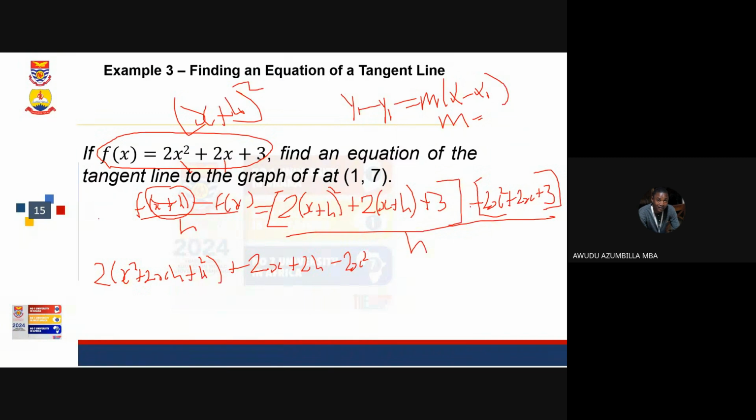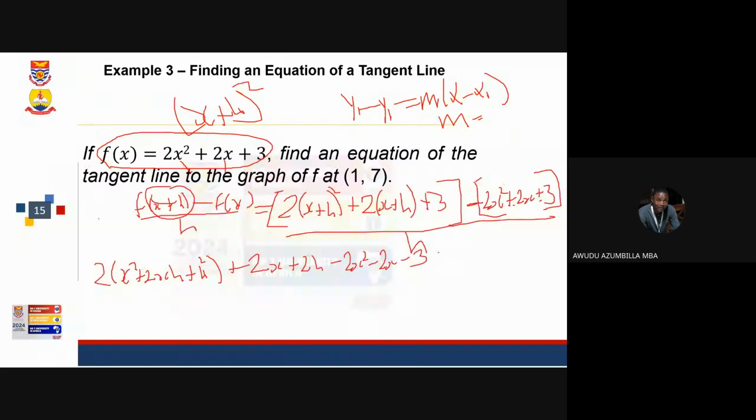This one is minus, so we are multiplying the minus inside. All of this will turn negative. So here minus 2x minus 3, all over our h. I want to simplify this one first before I divide it by h.